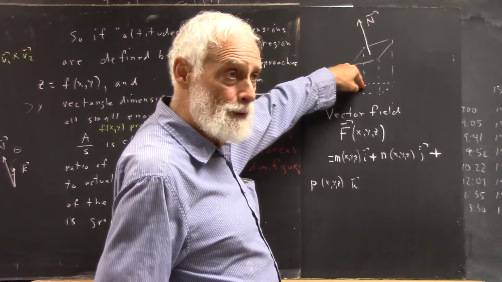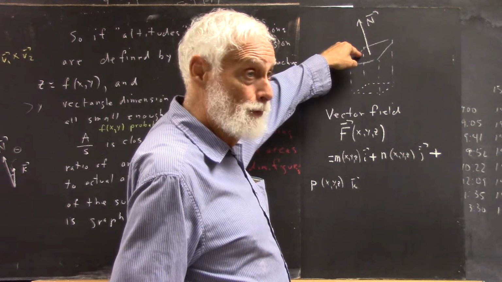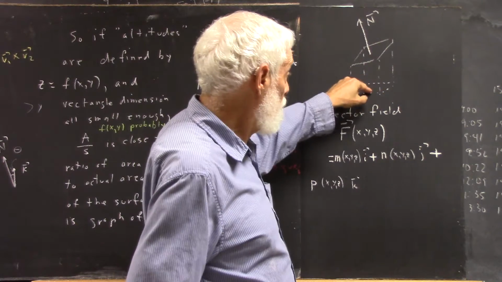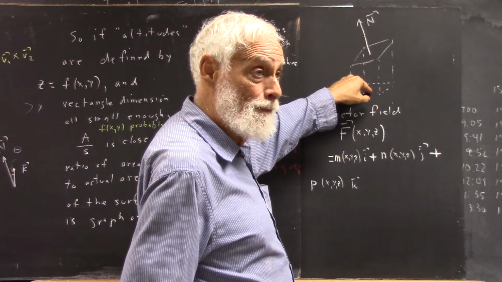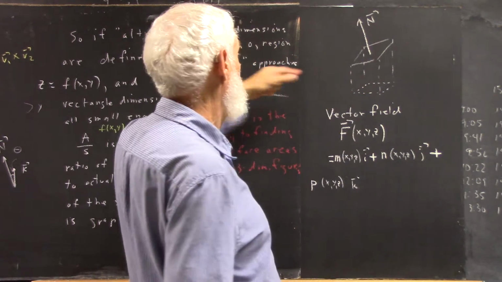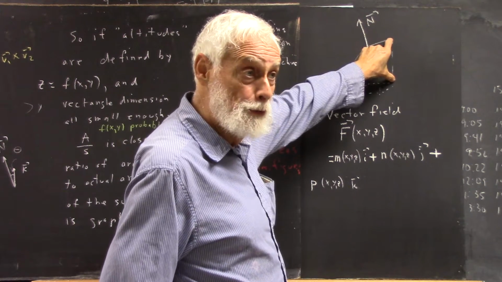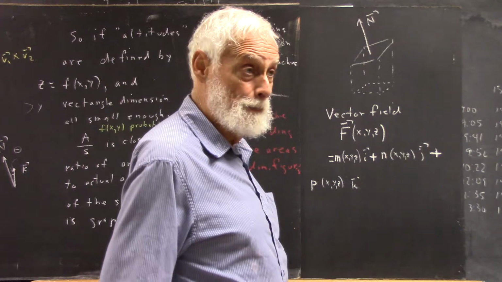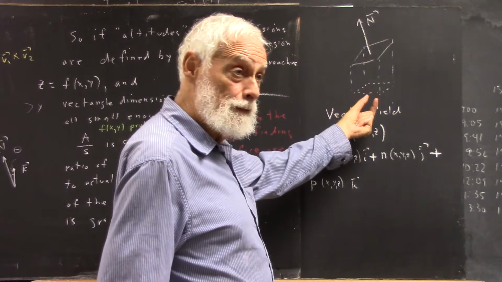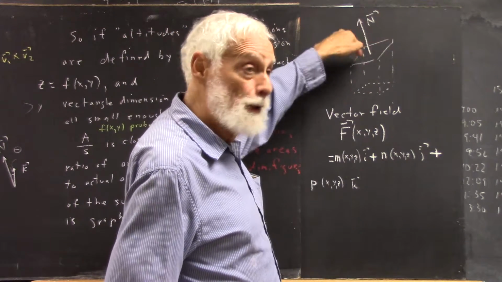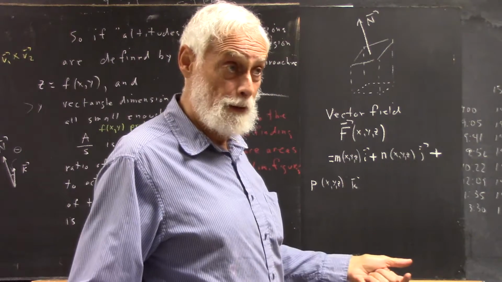now we have the same picture we had before, right? Whatever rectangle you have here, if you've got some function f of x, y, or some way of figuring out these altitudes, you get this picture. And if this is small enough, then this is actually a parallelogram, or very close to a parallelogram, right?